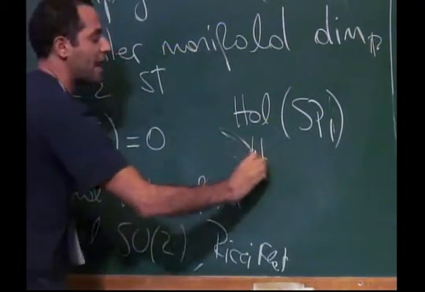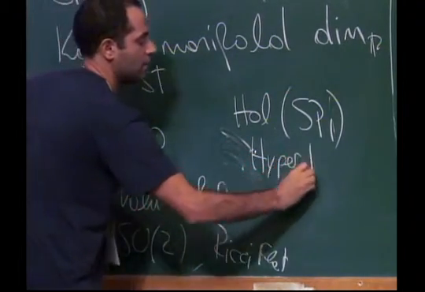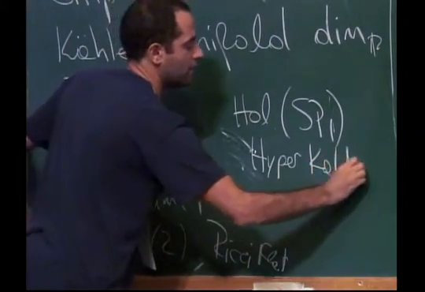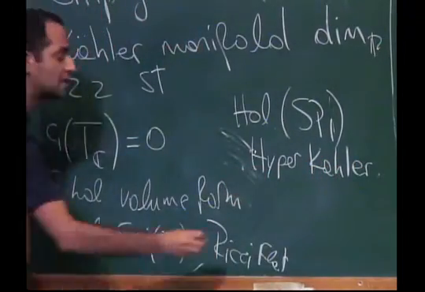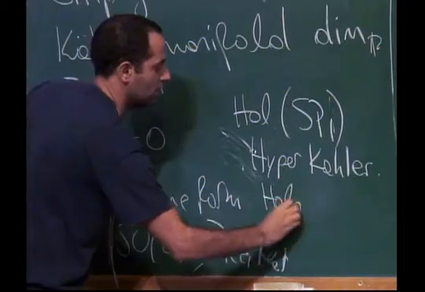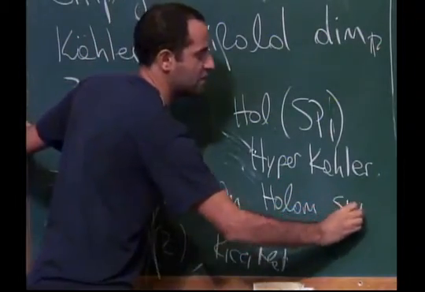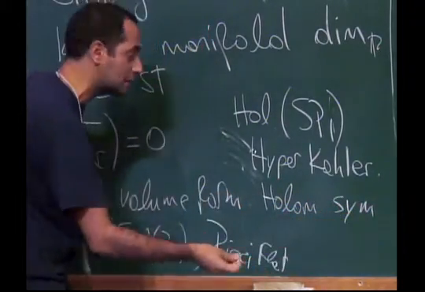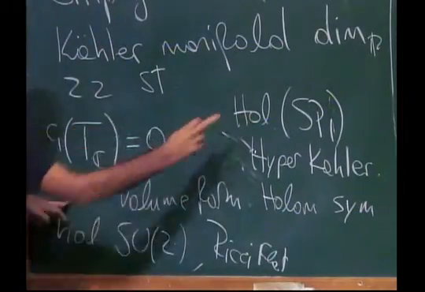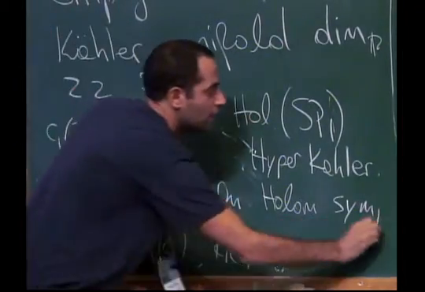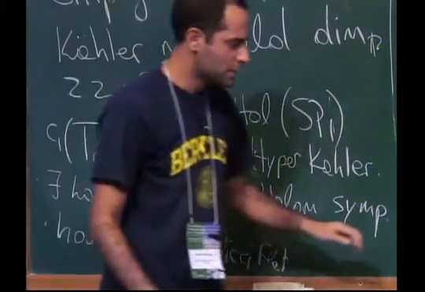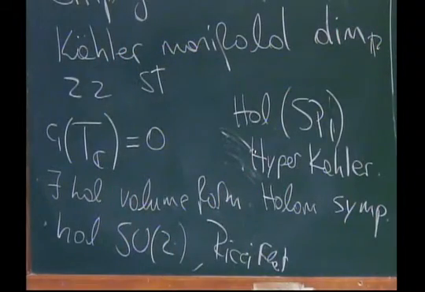Or the manifold is hyperkähler. Or the manifold is holomorphic symplectic. I mean, some of them are obviously equivalent. For example, these two, I guess. So that's going to be my working definition of a K3 surface.